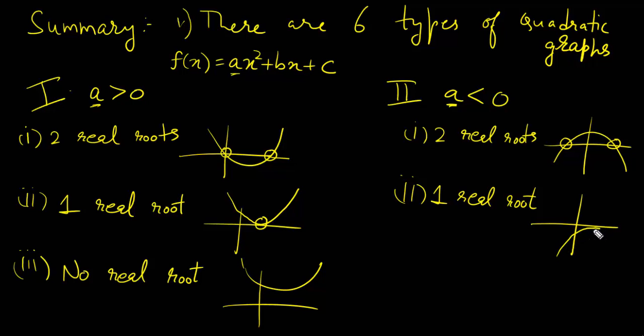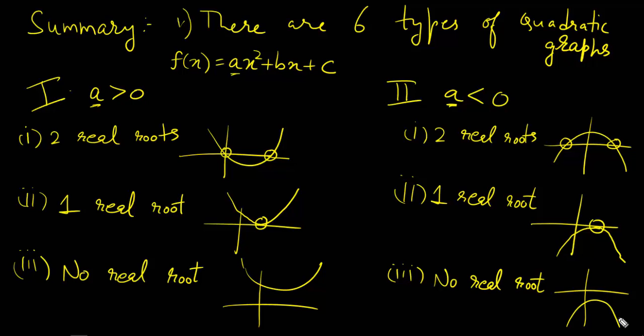There is only one and only one intersection point. Third case, no real root. Here the graph will not cross the x-axis. A is greater than 0, hence the shape is an upward opening parabola. A is less than 0 and hence the shape is a downward opening parabola.